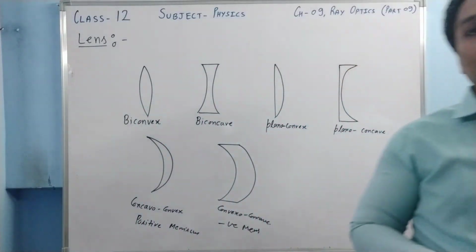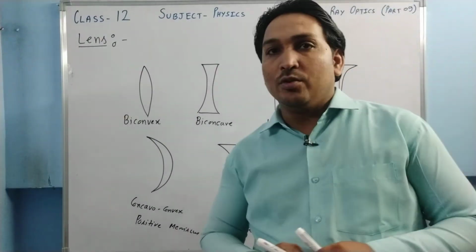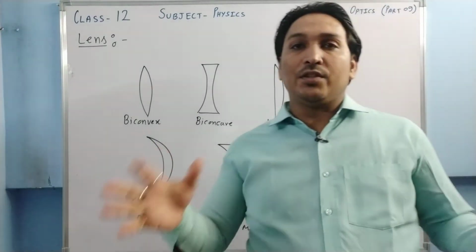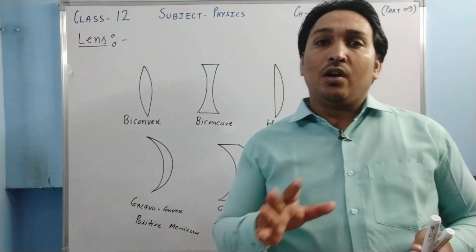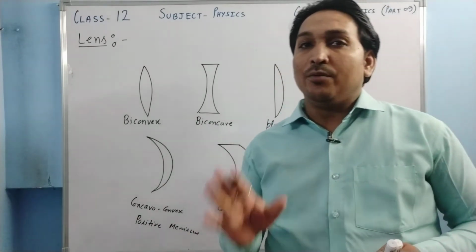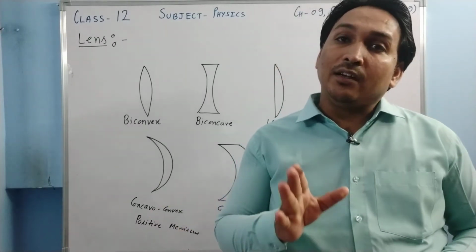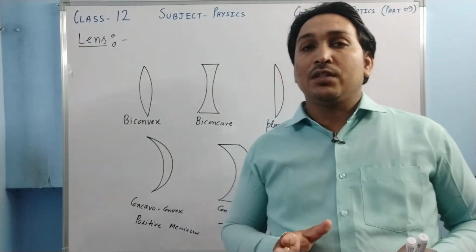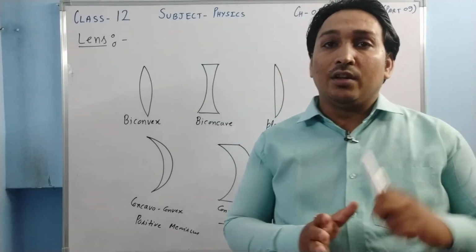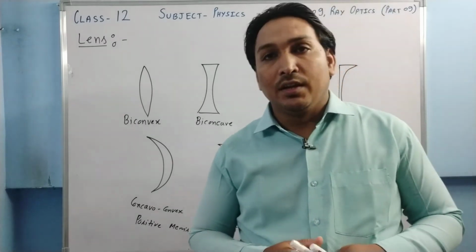What is a lens? What is the definition of lens? So the definition of lens is given as a homogeneous medium, a medium which is uniform by mass distribution and everything, a homogeneous transparent medium bounded by at least one spherical surface or cylindrical surface is called a lens. The other surface may be plane, may be spherical, may be cylindrical. Is it clear?